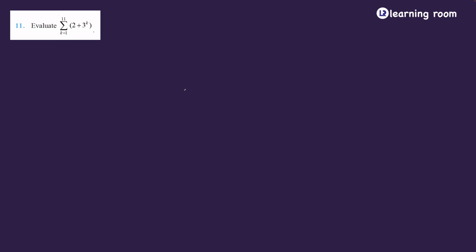So listen. The 11th problem is evaluate summation of k equal to 1 to 11, 2 plus 3 power k. Right? So if you expand this, this will actually be written as 2 plus summation of k equal to 1 to 11, 3 power k.